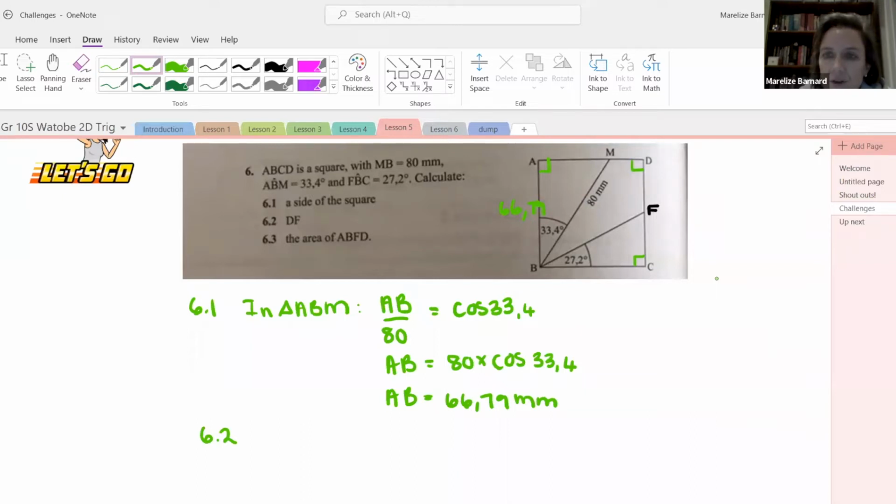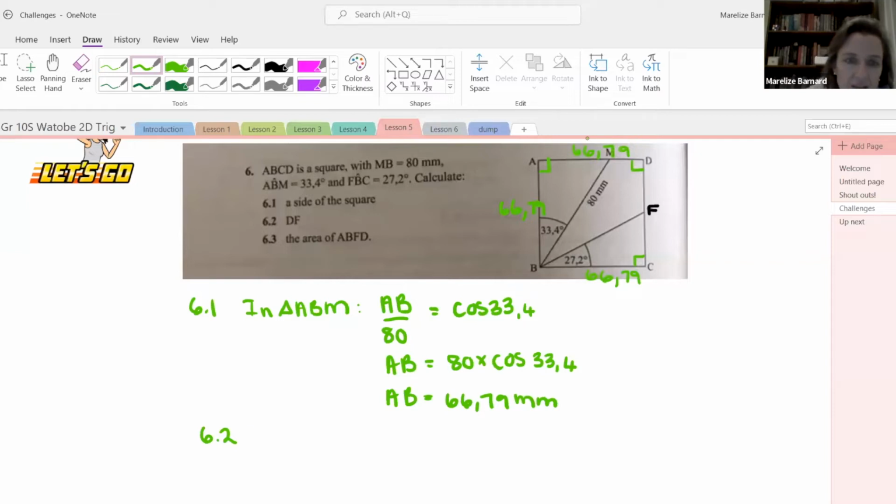Yes, ma'am. So FC we can calculate in BFC. And because this is a square, this side is also 66.79. So all the sides are 66.79. Okay, well done.